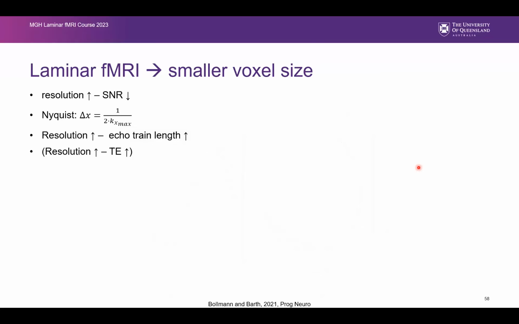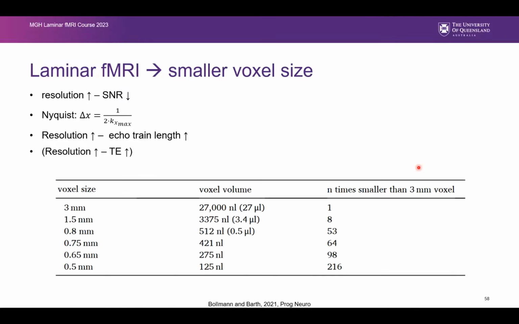The other thing is, Nyquist tells us if we want to have smaller voxels, we need to cover more of K-space. We're not sampling K-space more densely, but we need to go further out. That means as the resolution goes up, our echo train length goes up, and usually also our TE goes up.